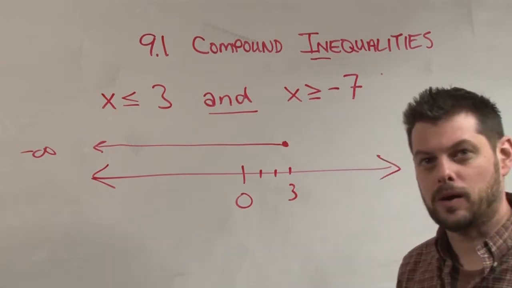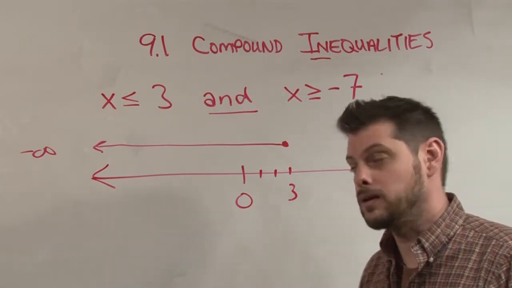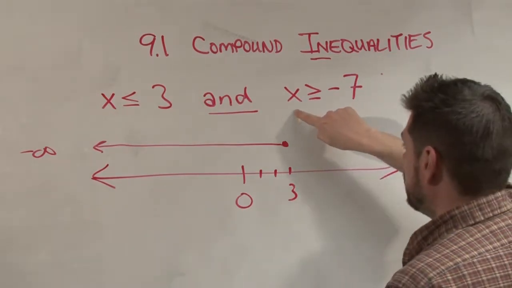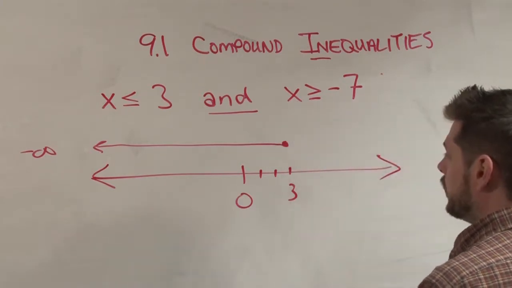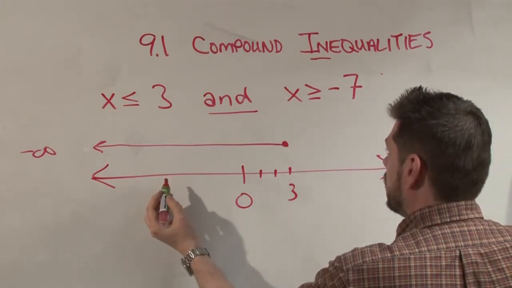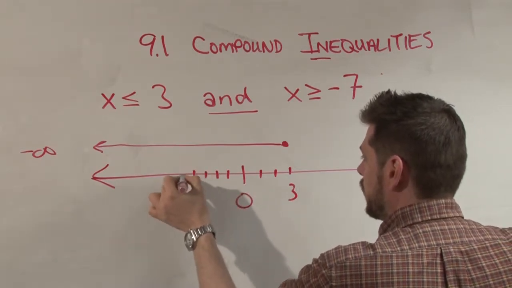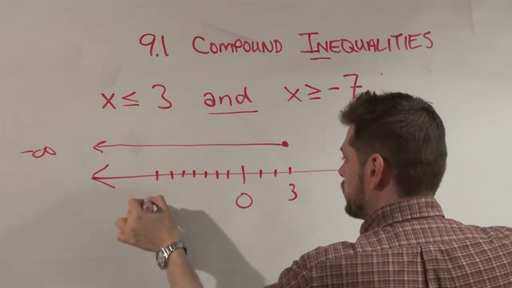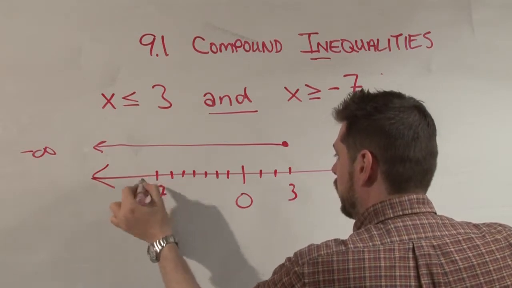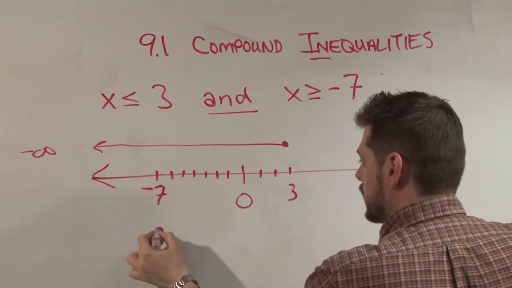My compound inequality tells me that I have another condition to meet, which means I have to find the numbers that also satisfy the fact that they are greater than or equal to -7. So I come down here on my number line, -5, -6, -7, and this is where my second condition lives.